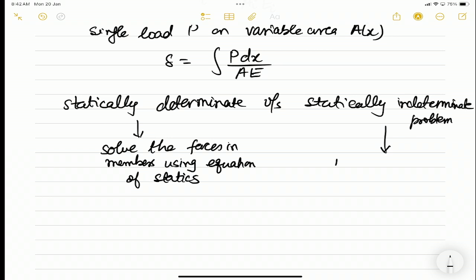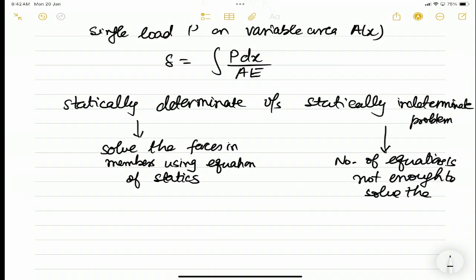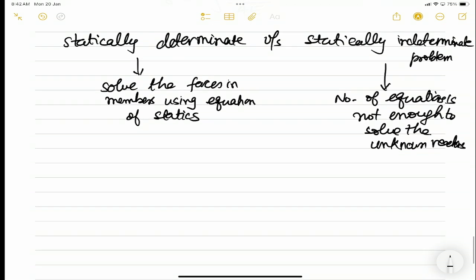In indeterminate problems, the number of equations is not enough to solve the unknown reactions.